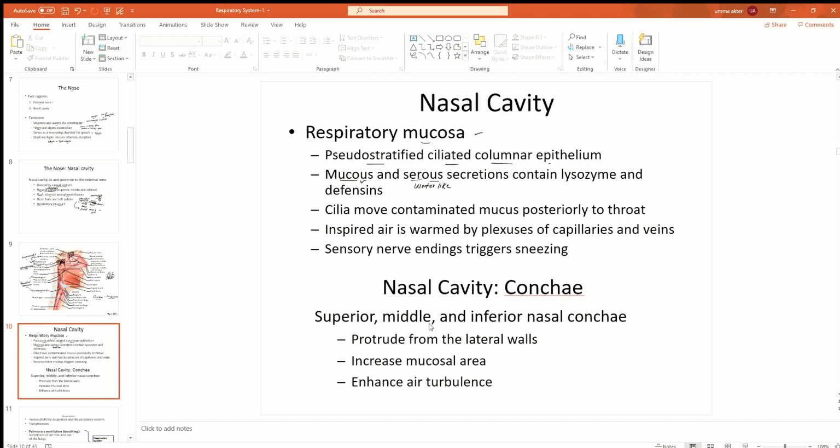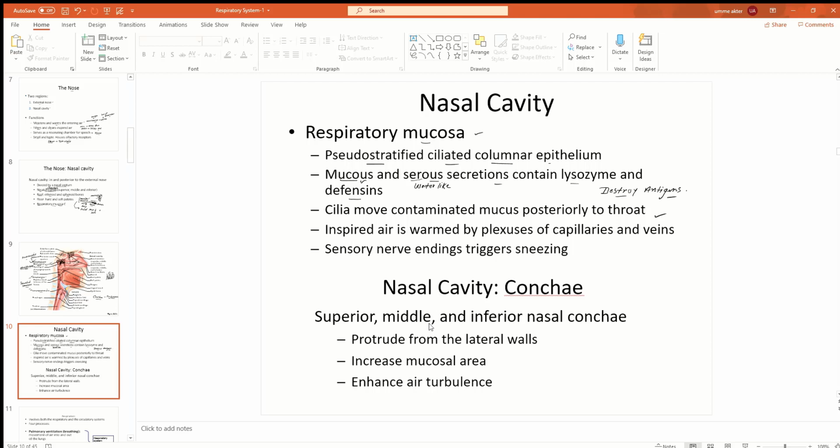The serous secretion contains lysozyme and defensin. These two help to destroy microorganisms and antigens. So these are very important, lysozyme and defensin.